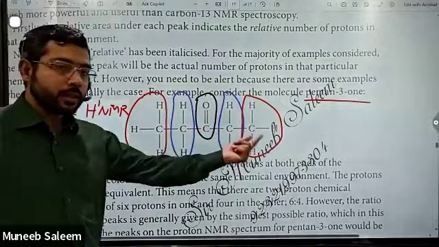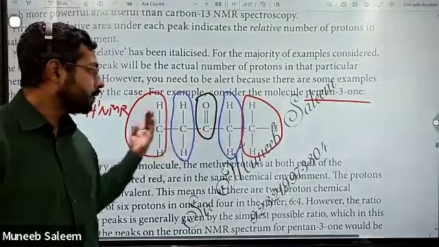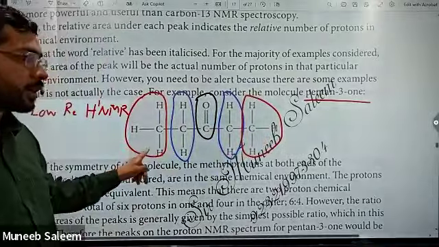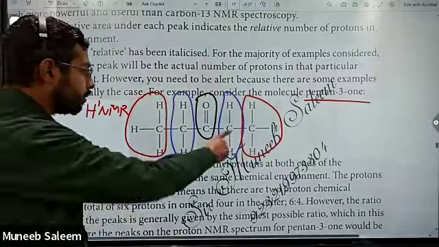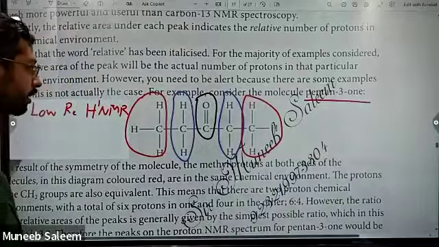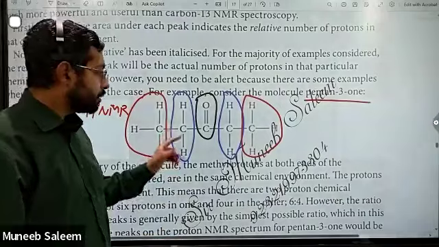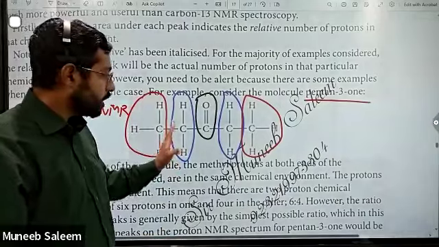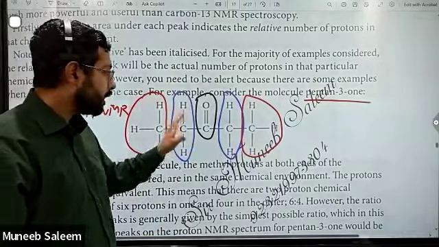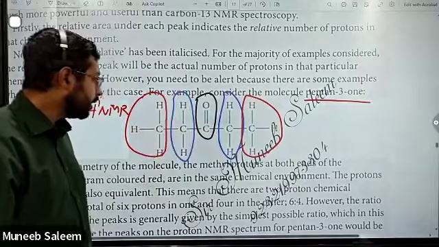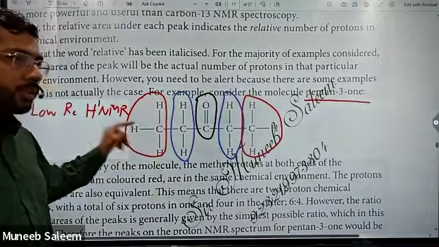In the same way, the six hydrogen atoms on the other sides will produce one single peak. All of these six hydrogen atoms will have one peak, but at a different chemical shift value. The chemical shift value of the hydrogen atoms of the two CH2 groups is different as compared to the chemical shift value of the CH3.